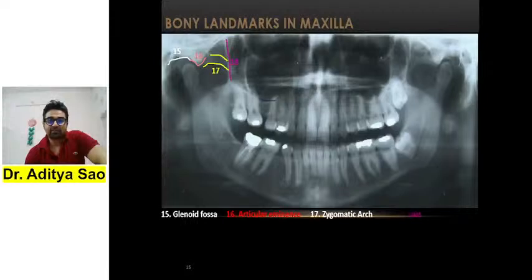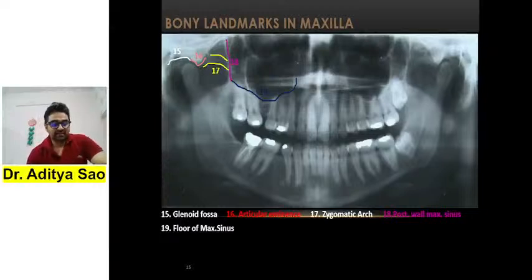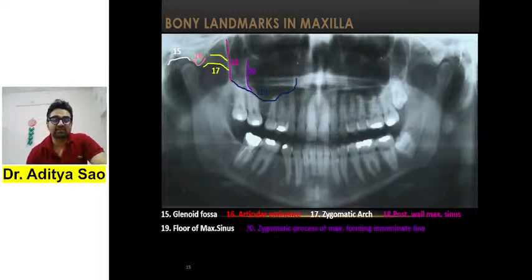Number 18 is your posterior border or the posterior wall of maxillary sinus. Number 19 is the floor of the maxillary sinus. Number 20 is the sinus septum, or also known as the zygomatic process of maxilla forming the innominate line.